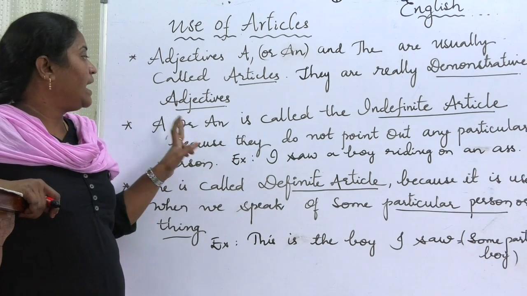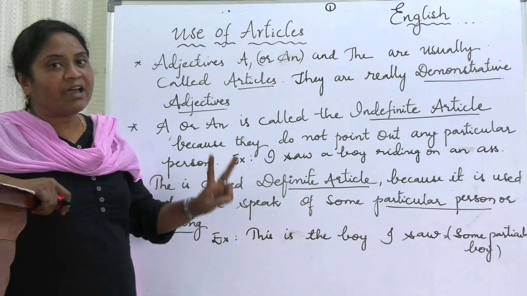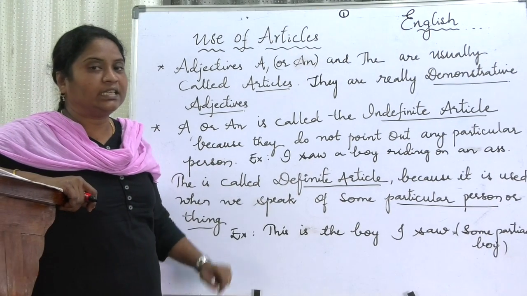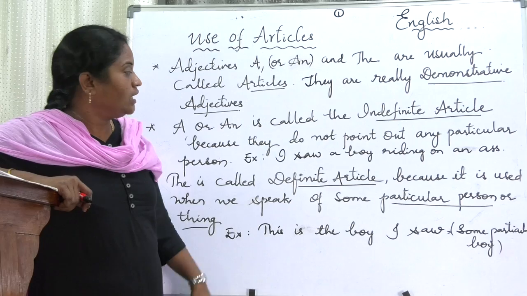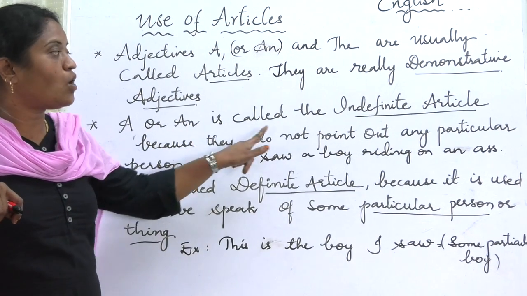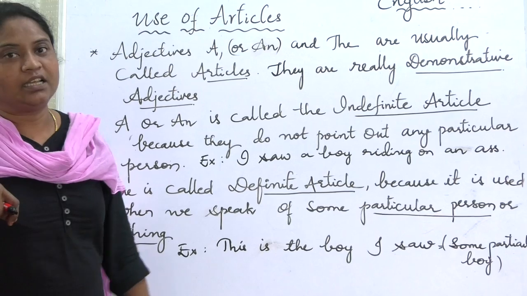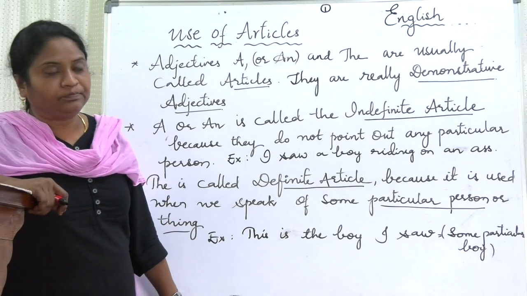Okay? So, a and an are called indefinite articles. We have two kinds of articles. One is the indefinite article and the other is the definite article. Here, a or an is called the indefinite article, whereas the is called the definite article. Okay?